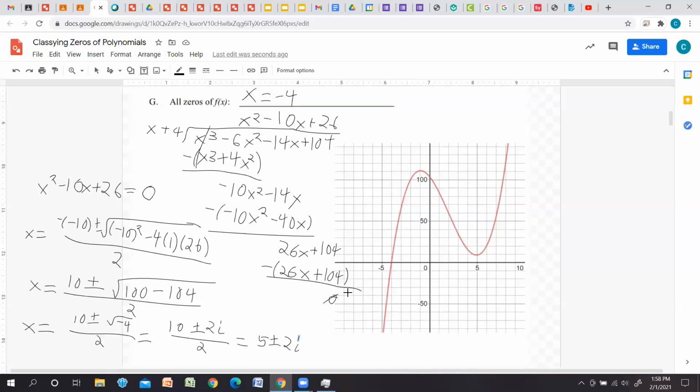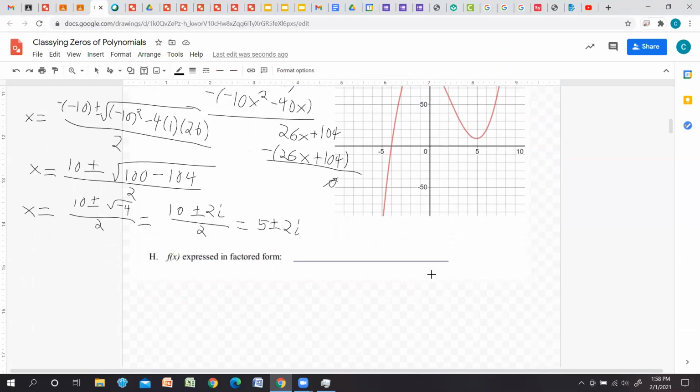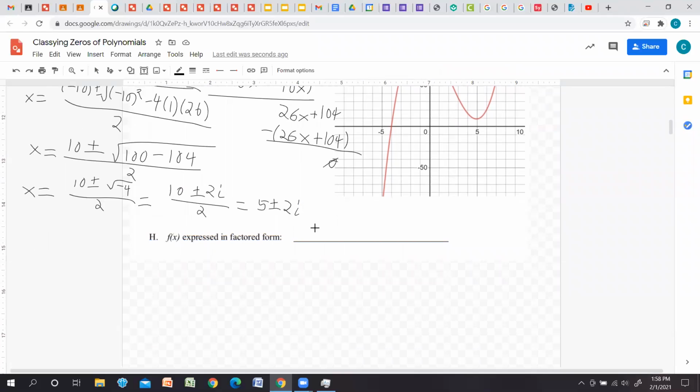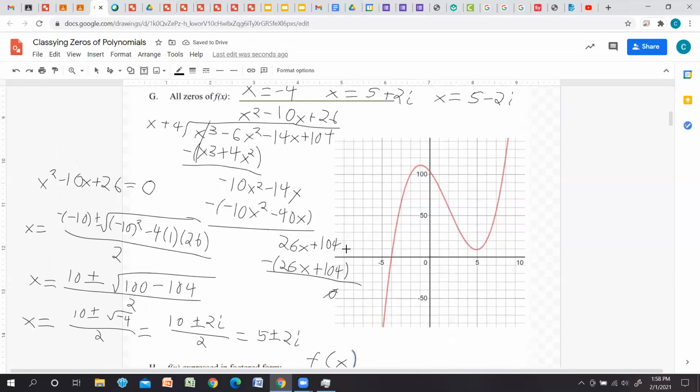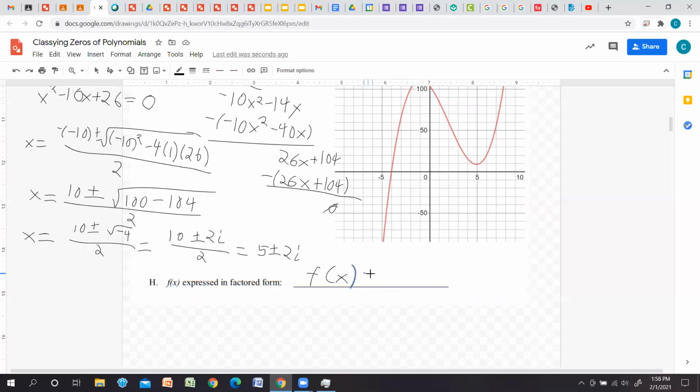x equals 5 plus 2i, and x equals 5 minus 2i. And remember, these are complex numbers. Even though it has two parts, it's not an expression, it's a number. So to find the factored form, we simply subtract each zero. First, it's x minus negative 4, so that's x plus 4.